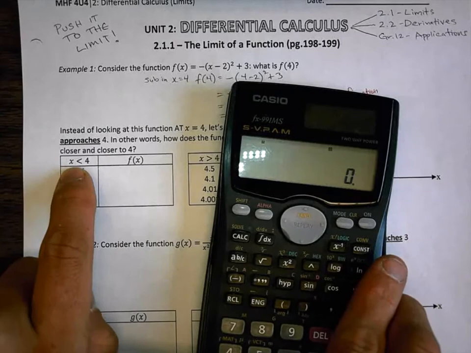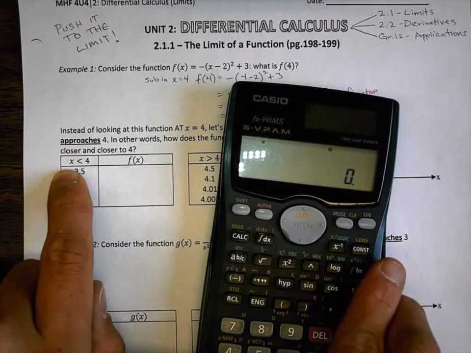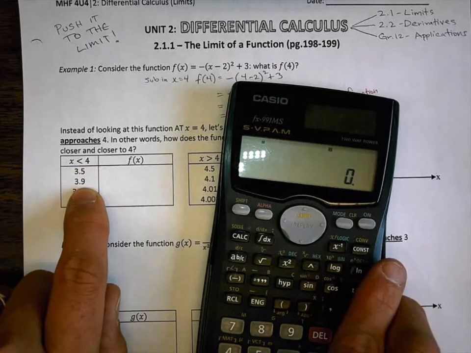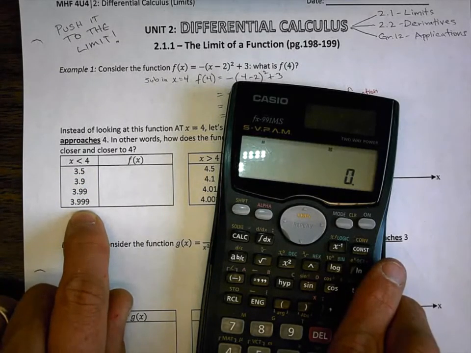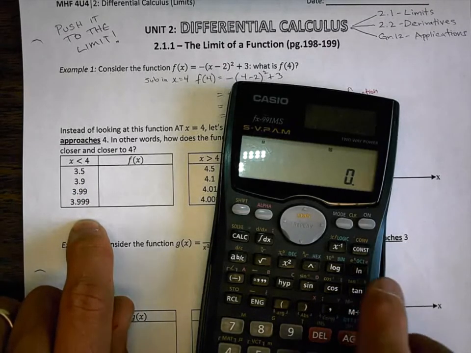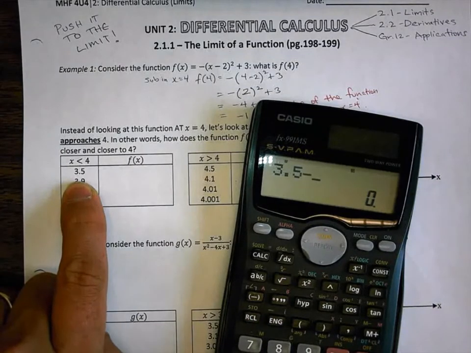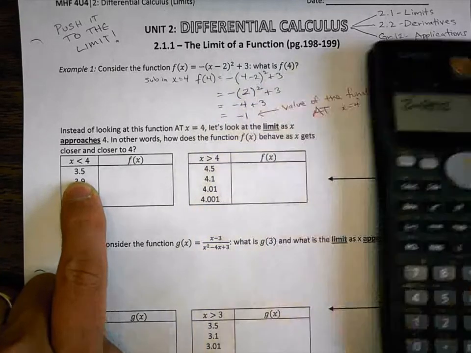Let's say I'm getting closer and closer to 4 from the left, taking numbers that are smaller than 4. So 3.5, 3.9, 3.99, 3.999. I'm getting closer and closer to 4. So I have 3.5, and I sub that in like I just did. I have 3.5 minus 2 squared, and then 3 minus that number, so I get negative 0.75.